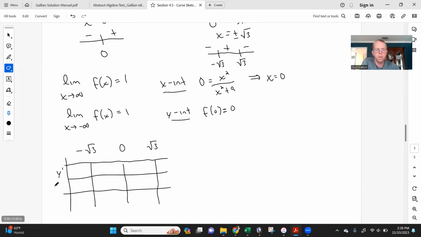So we have y prime, y double prime, and the shape. All right, so y prime is negative when x is negative, positive when x is positive. So negative, negative, positive, positive. And then the second derivative is negative on the ends, before negative square root 3 and after positive square root 3. And then it's going to be positive in the middle.